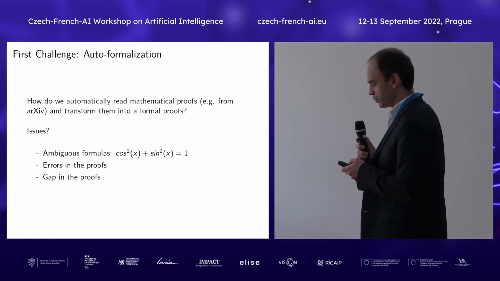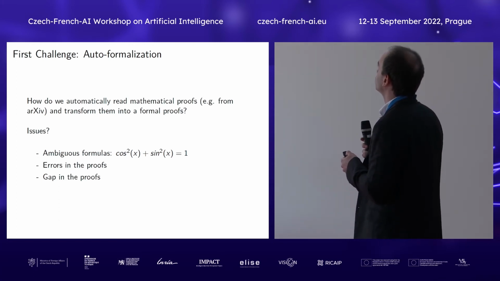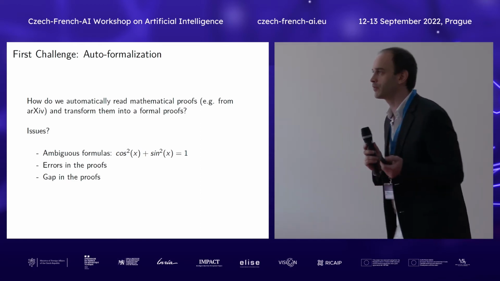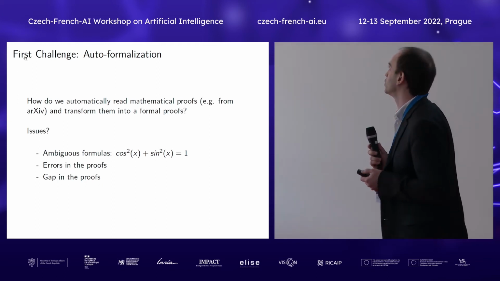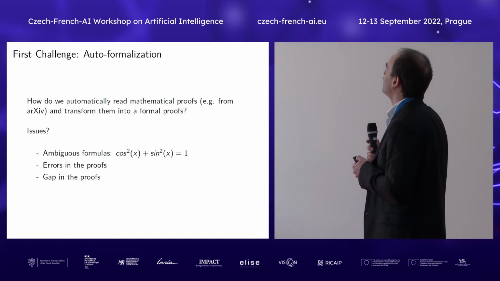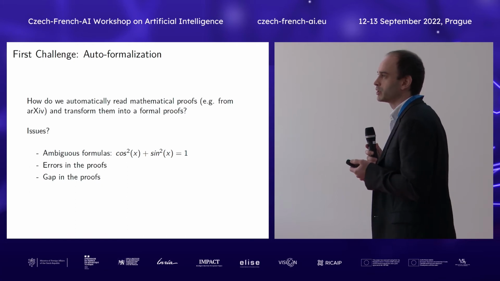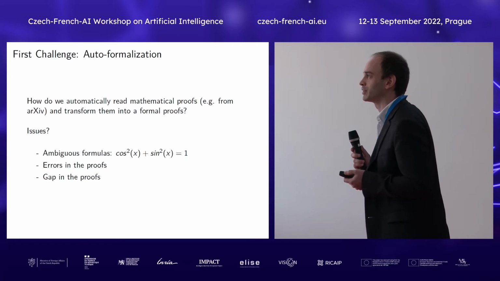The first one is that you have ambiguous formulas. So if you see this first formula, cos squared x plus sin squared x equals 1, a famous identity, how is it ambiguous? Well, a machine might think that you are applying cosine twice, because that's the notation for repeated application of cosine.